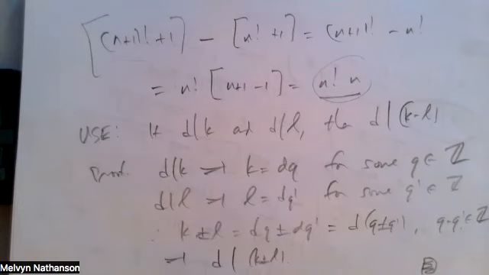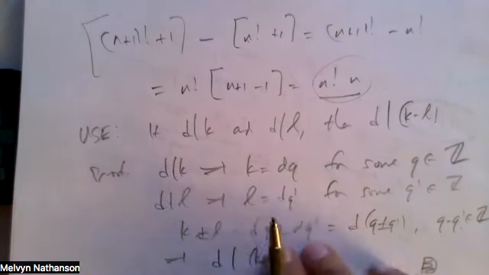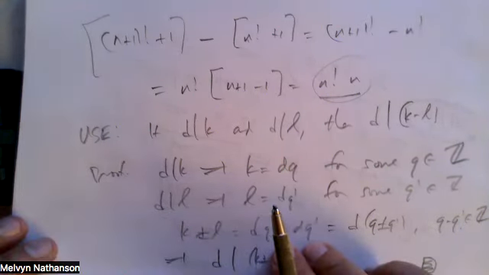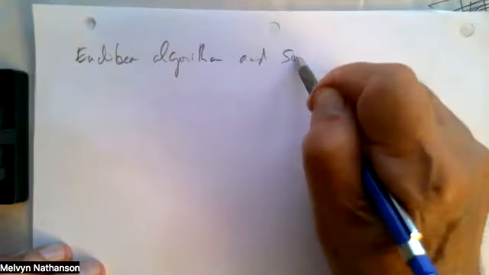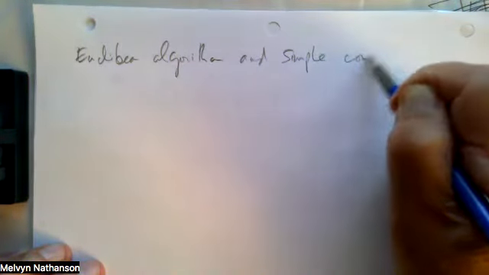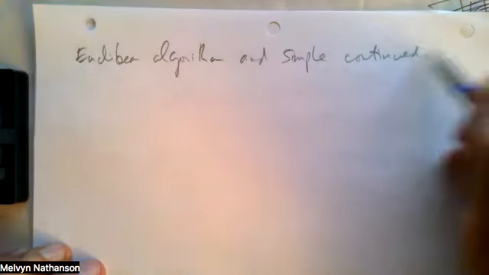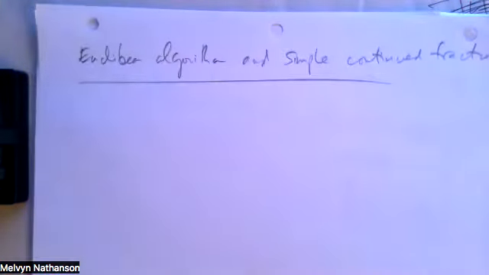So let me look at just one more example of the Euclidean algorithm and what are called simple continued fractions.